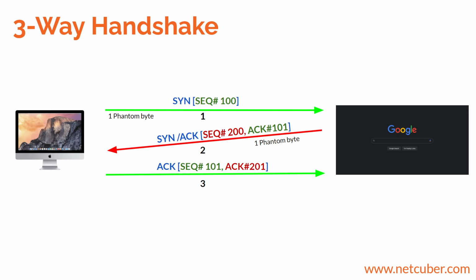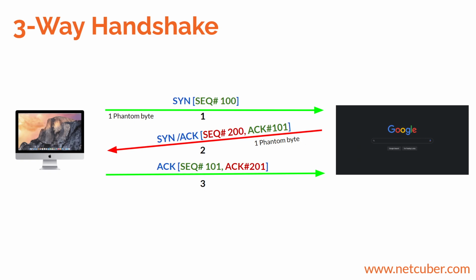Once that is received at the server side, it gets updated. And what happens? The server acknowledges that sequence number by updating it with the packet size of the information or data which is received from the client. So when the server is sending a SYN-ACK, it will have a server sequence number as well as the acknowledgement for the client sequence number.